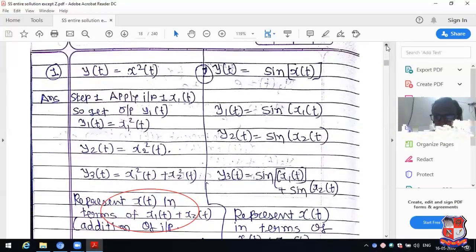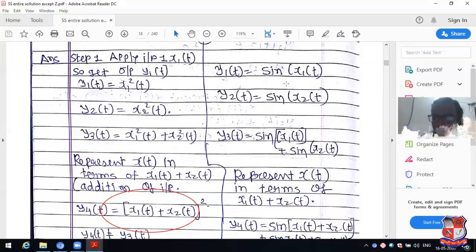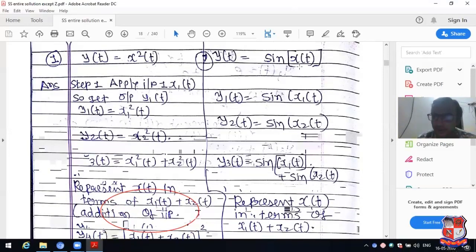Now see this: y of t equal to sine x of t. Next example. Applied input 1 to the system, sine x1 of t. Applied input 2 to the system, sine x2 of t. Now individual addition: sine x1 of t plus sine x2 of t. Now represent x of t in terms of x1 of t plus x2 of t, meaning x of t is equal to x1 of t plus x2 of t.